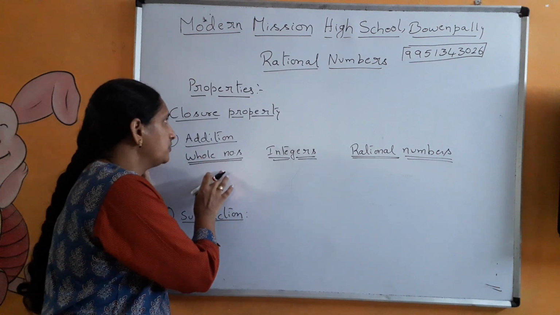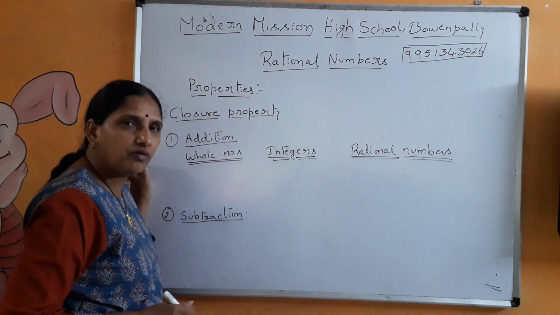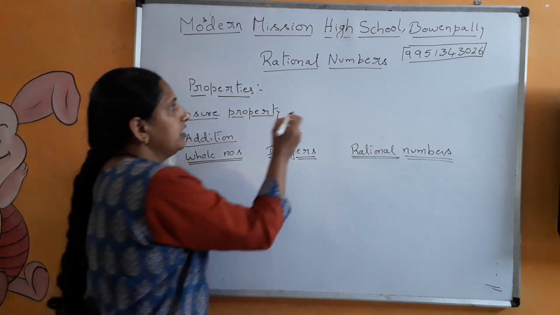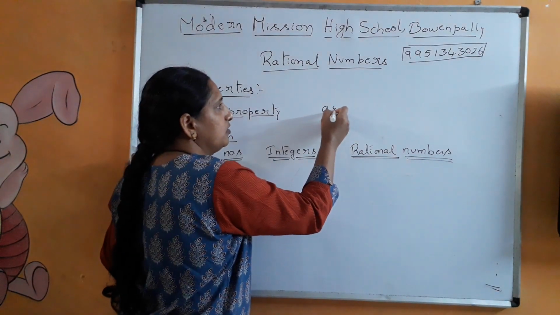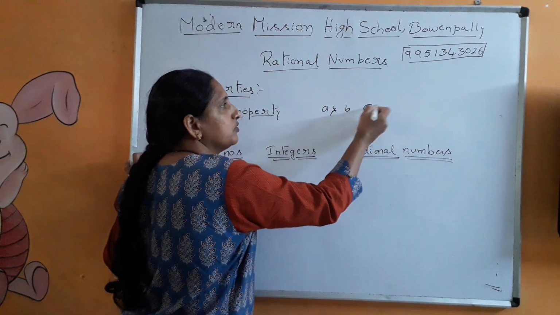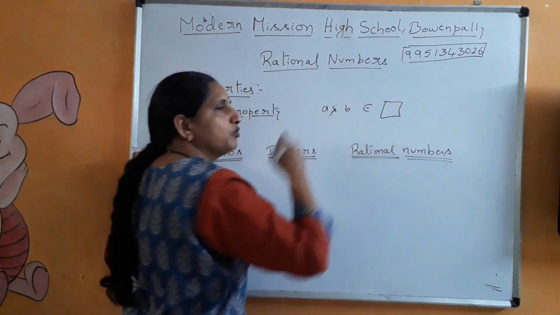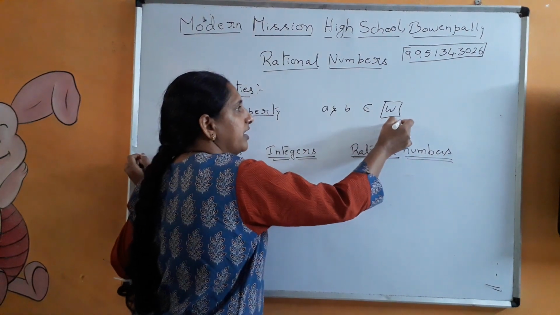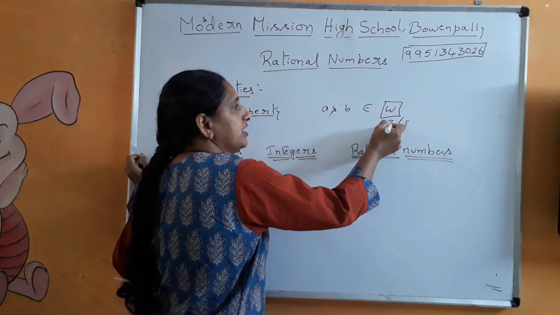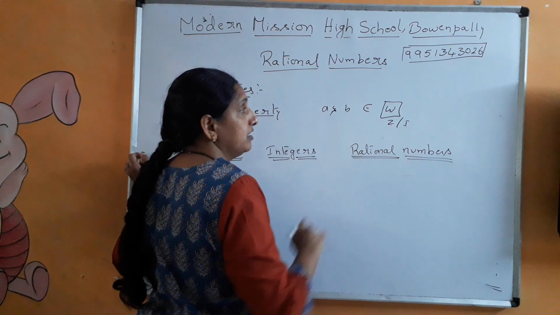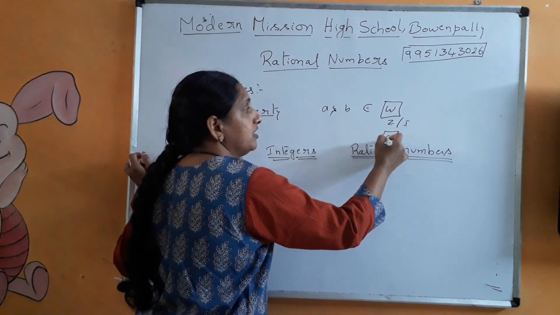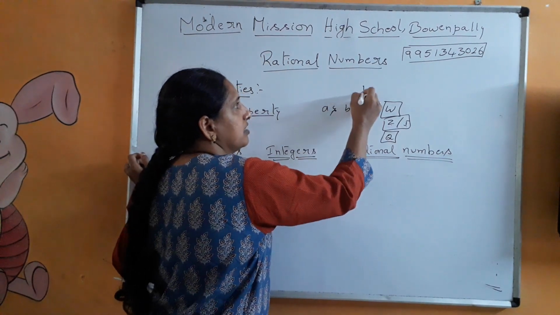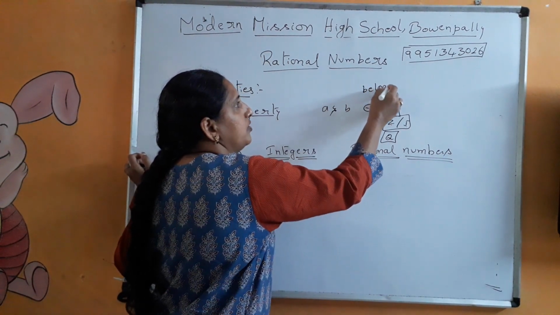Likewise, now we are going to see closure property. Closure property means for any numbers, suppose you are taking A and B, two numbers belonging to some group of numbers. If it is whole numbers, W; if it is integers, Z or I. In a few books you can see I, in a few books you can see Z. Or if it is rational numbers, you will write Q. This is called belongs.